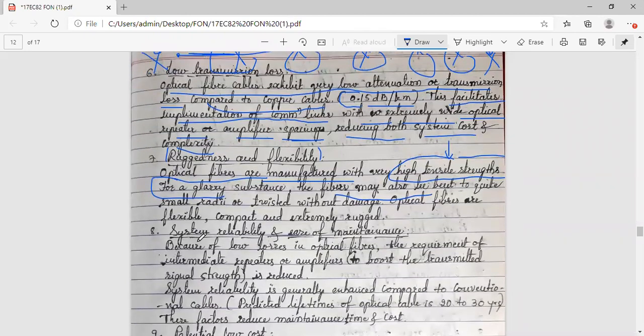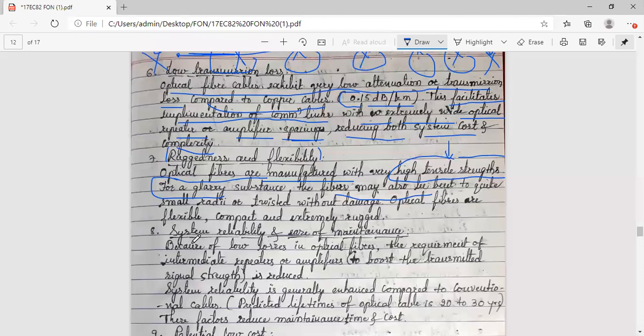The next one, you can even see the meaning of ruggedness, what it is. Can anybody tell me? Ruggedness means very strongly made.